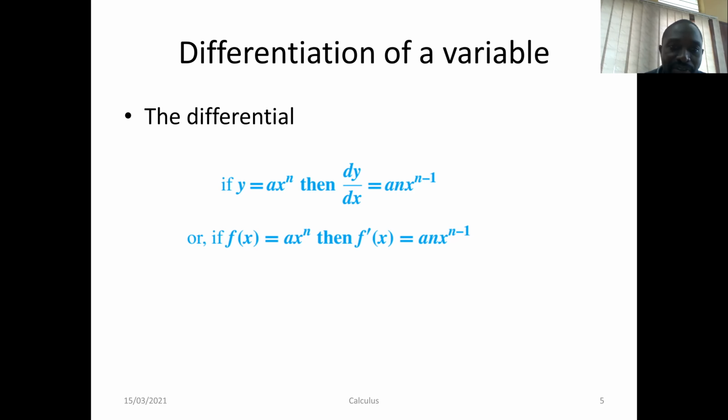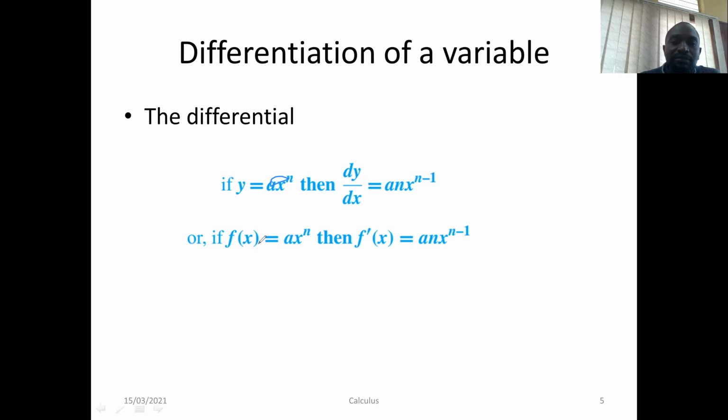To find the derivative of any function y equals ax to the power n, for a function y equals ax to the power n, to find the derivative dy over dx, you simply get the power n here, multiply it by the coefficient a, and this gives you an multiplied by x, and then the same power n subtract 1, basically n minus 1.